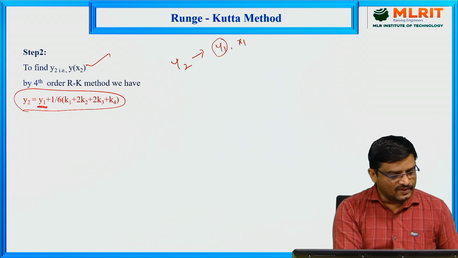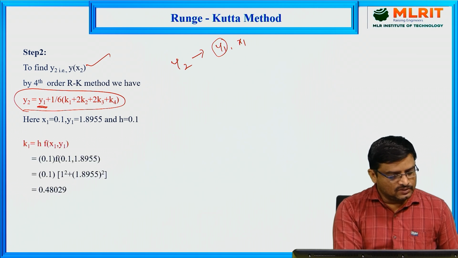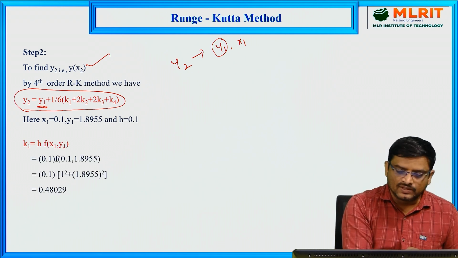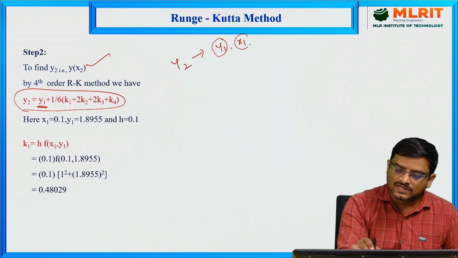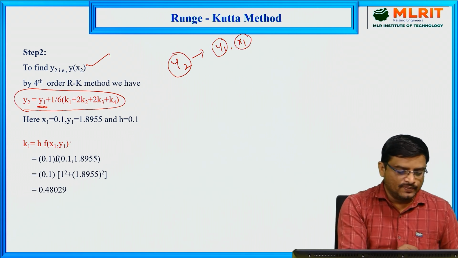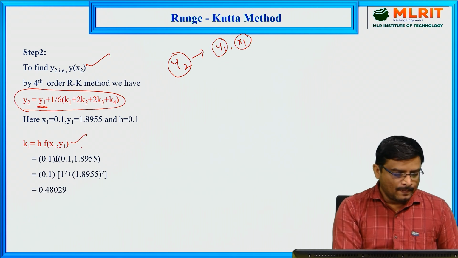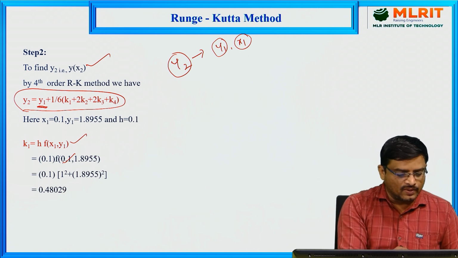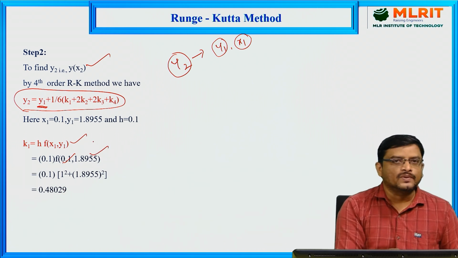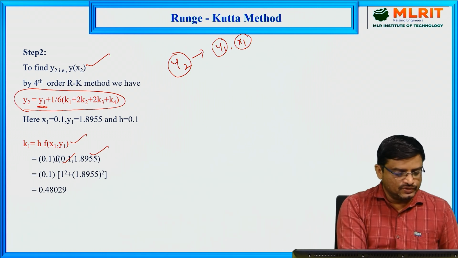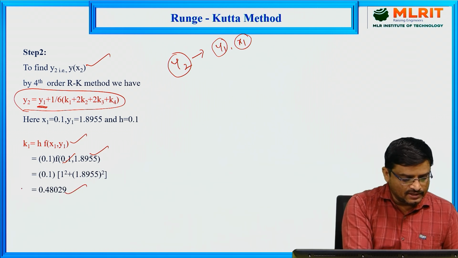While finding this k1, we have to replace x0 with x1 and y0 with y1, because we are taking x0 and y0 as the initial values to find out y2 in the previous step. Our x1 is 0.1 and y1, whatever value we got in the previous slide for y1, we have to consider this value here.